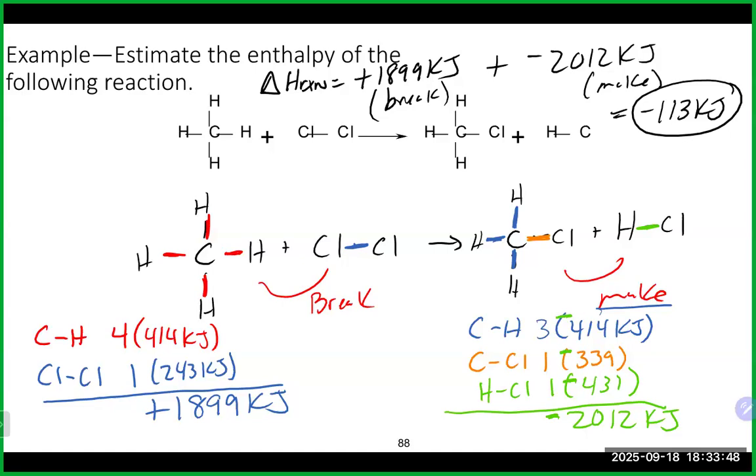So overall, this reaction, based on bond energy, making and breaking all those bonds, is it endothermic or exothermic? It is exothermic because we have a negative here. So this would be exothermic for our delta H.